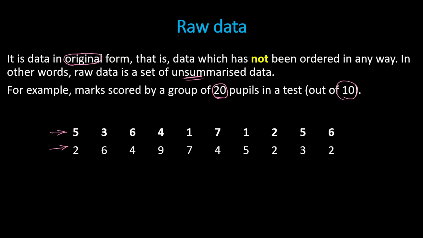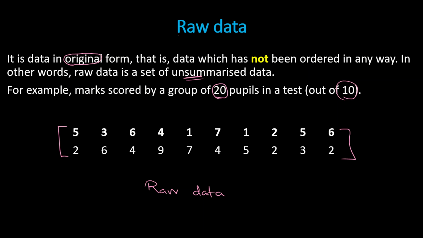Now why do we call this raw data? Simply because it is the data which has not been organized, neither in the form of tables nor in the form of charts, right?